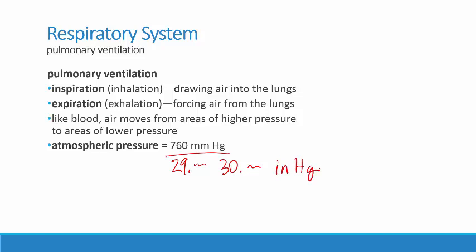So atmospheric pressure versus the pressure that we can create inside the lung cavities.